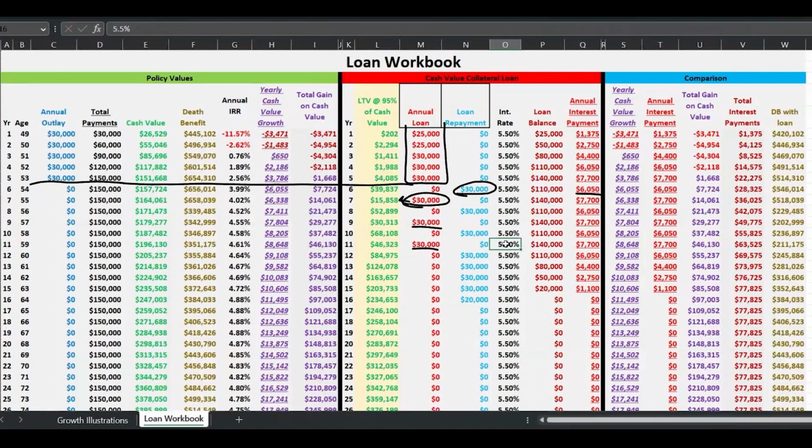But what I was aiming for here was to get total loans taken to equate to $230,000 to pay off that mortgage, and then we just began to repay it at the dollar amount we were funding the policy. And what we can look at, there we go. Cash value growth compared to the annual interest paid.